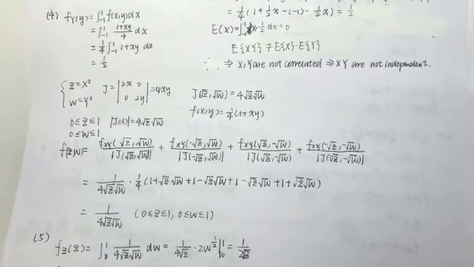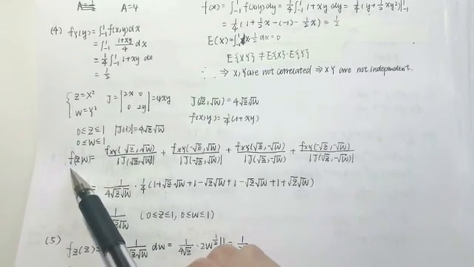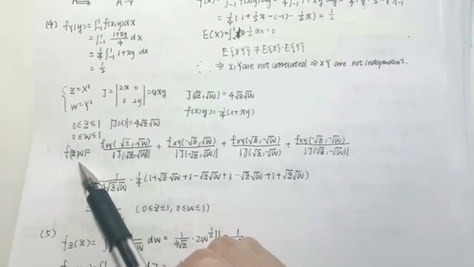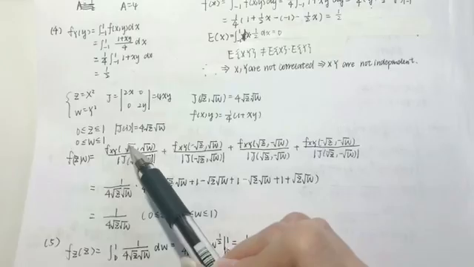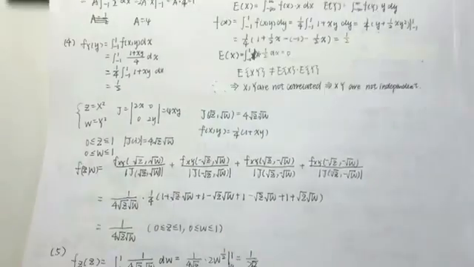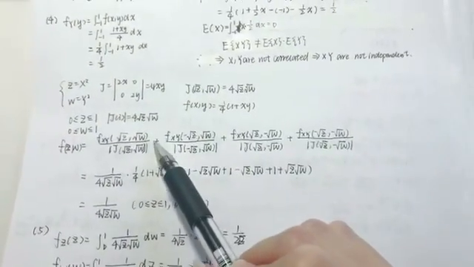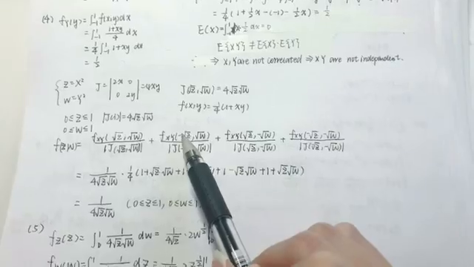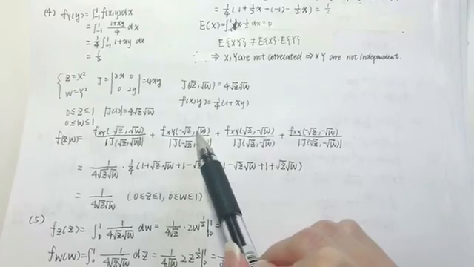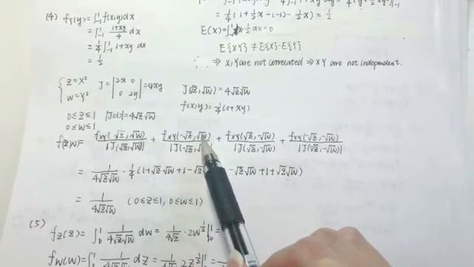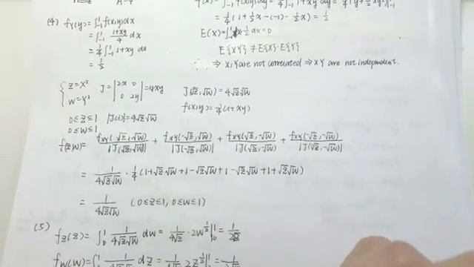So for each of the 4 roots, we can get the expression of the joint density function of z and w, and that is fxy of square root of z, square root of w, plus fxy of minus square root of z and the square root of w, and so on, just like this format, each has 4 roots.